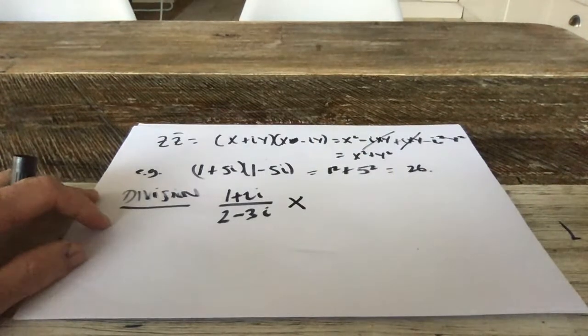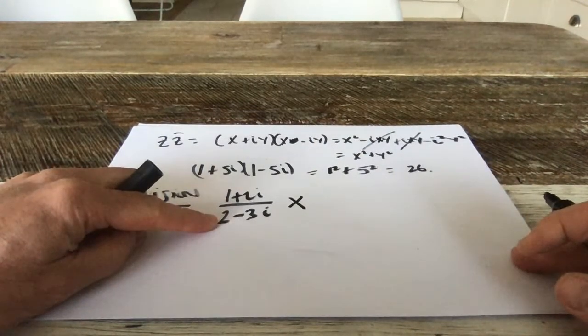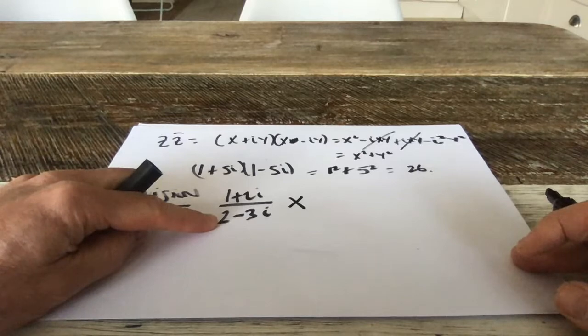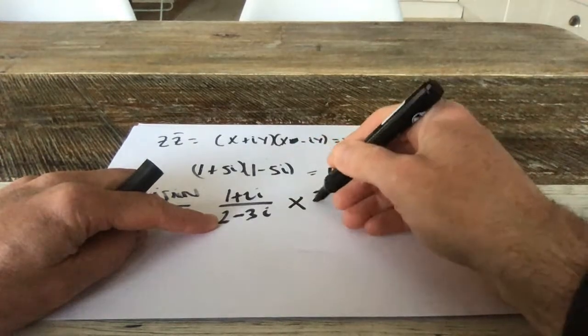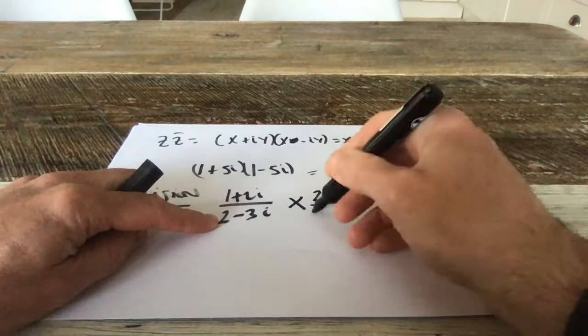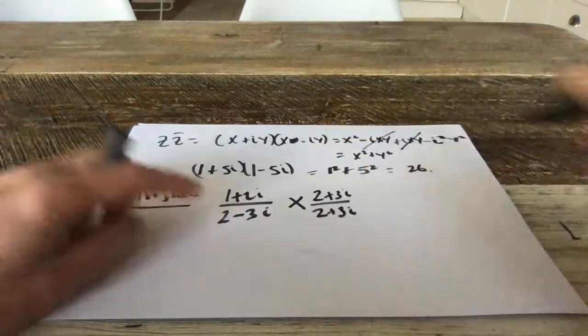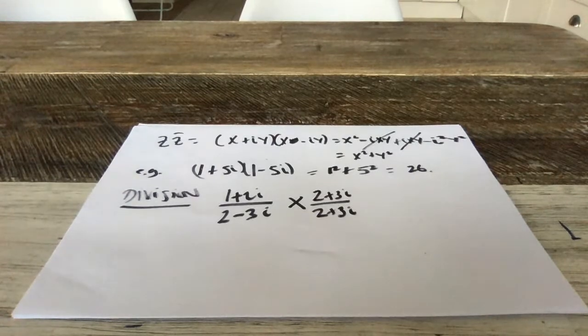You multiply above and below by the conjugate of what's below. The denominator is 2 minus 3i, and the conjugate of that is 2 plus 3i. And the reason why you do that is because people have found that this works. So maybe we should do that.